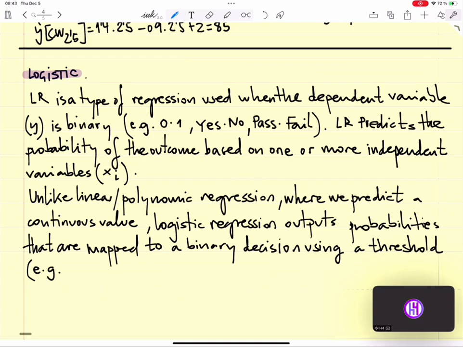For example, probability bigger than 0.5 means 1.